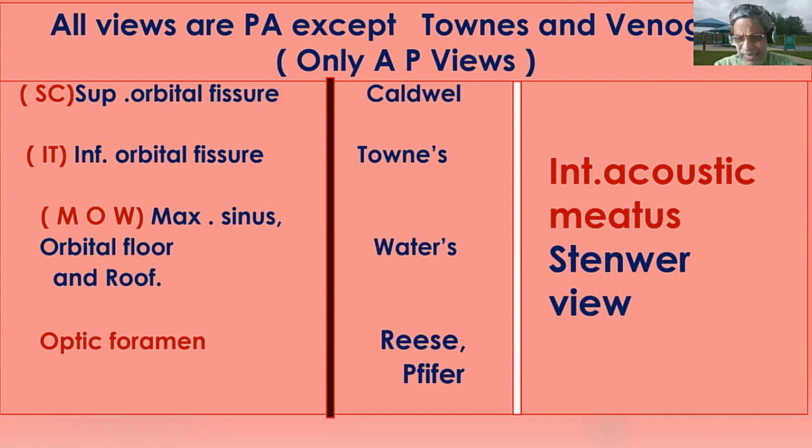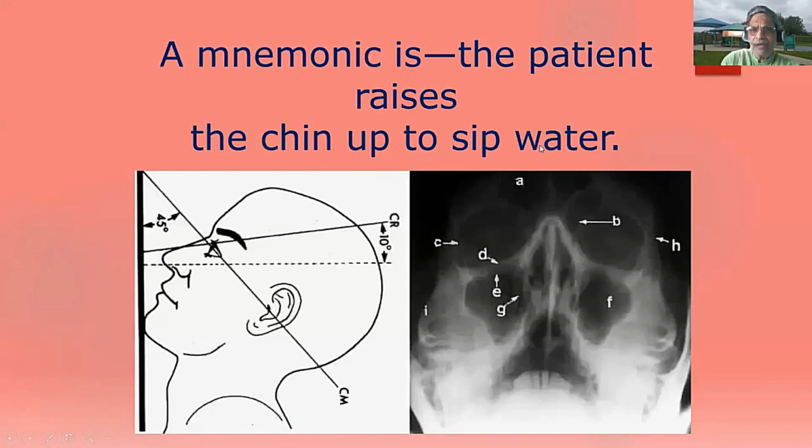Rees view is a laterally placed view. These are all the common things a question can be asked about in X-rays. In Waters view, the chin is up as if to sip the water, that's all. The chin is touching the X-ray plate. Can you see the X-ray plate here touching this?